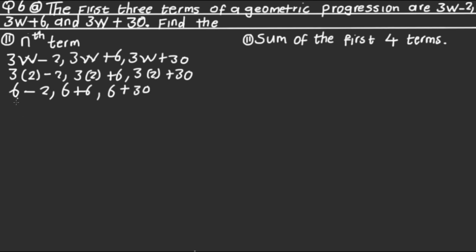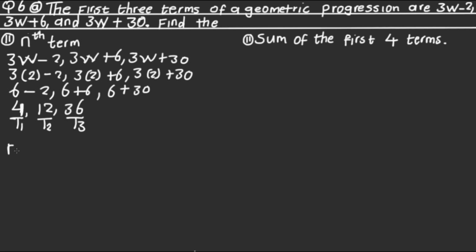So 6 minus 2 is 4, then here we are going to have 12, then here we are going to have 36. So term number 1 is 4, term number 2 is 12, term number 3 is 36.